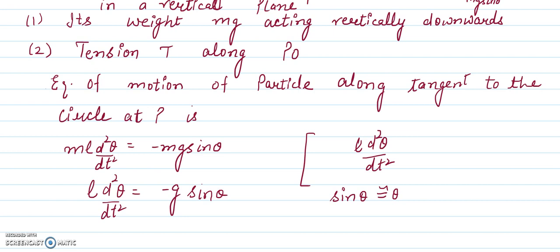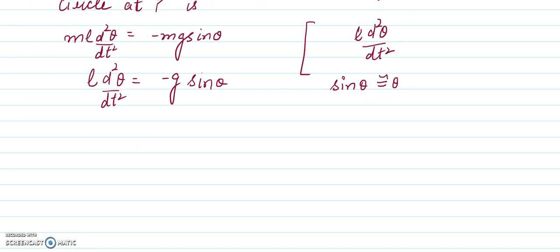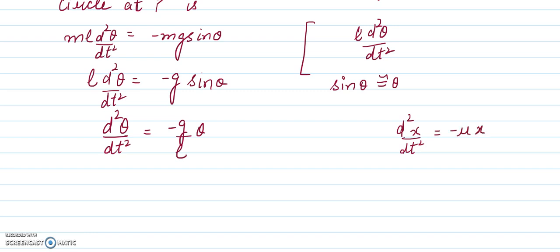So we will have d square theta upon dt square is equal to minus g over L into theta, and if I compare it with this equation, d square x over dt square is equal to minus mu into x, which is the case of simple harmonic motion, we get that the motion of simple pendulum is simple harmonic motion.